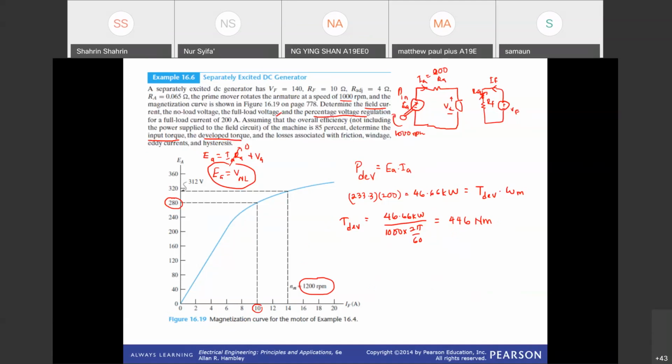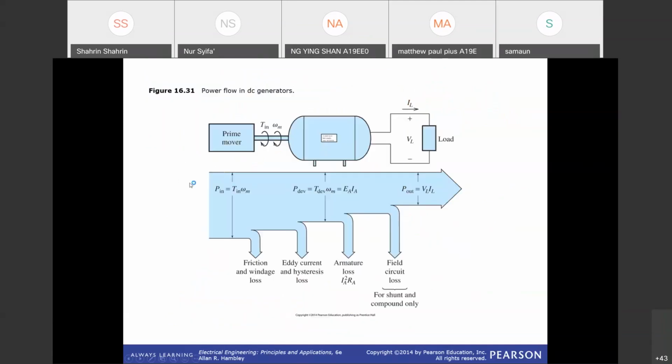And then the last one is the losses associated with the friction, windage, eddy current, and hysteresis. From the power flow, we can see that the difference between P in and P developed by the generator is the amount of losses of friction, windage, eddy current, and hysteresis.